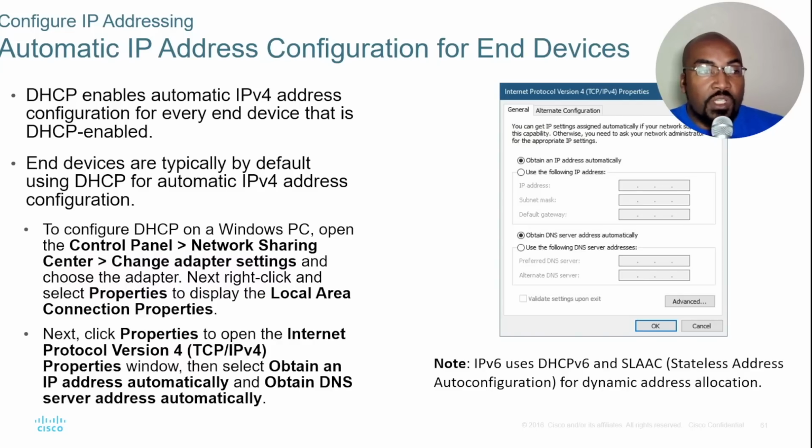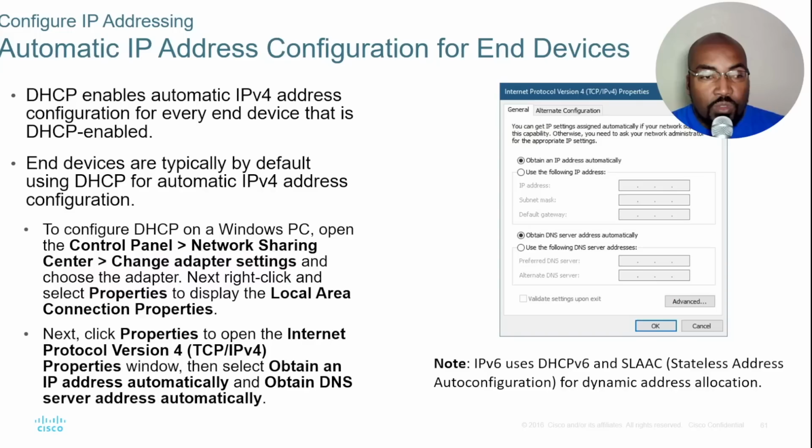Who's going to give the house its address? Somebody's got to come out and say, "Hey, this new home development is being built. We're going to give this house this address. We're going to give this house this address." That's what DHCP does. It's a pool of addresses that are available.